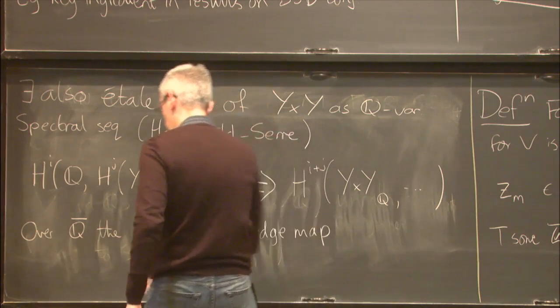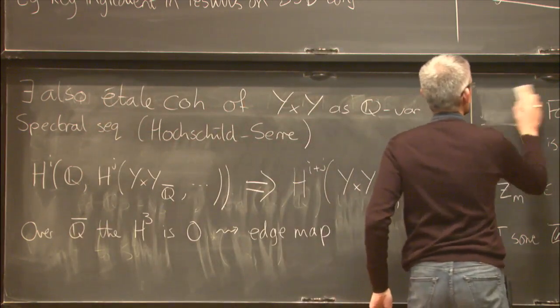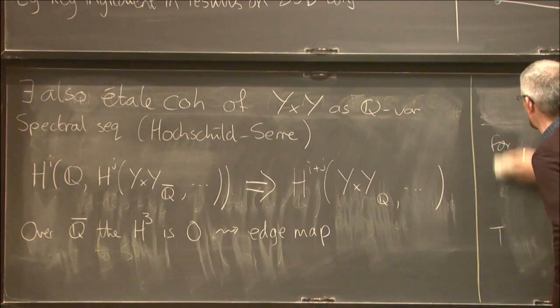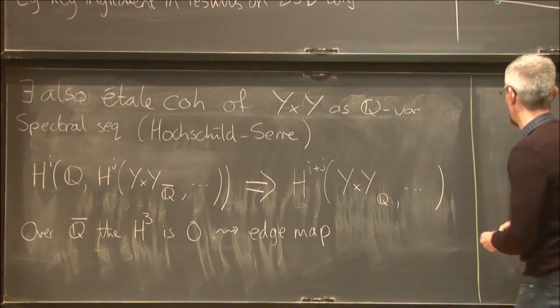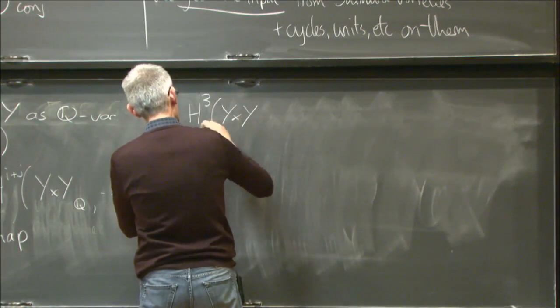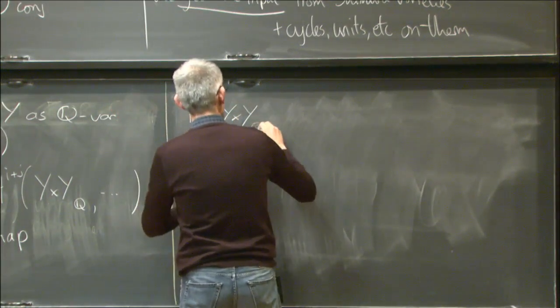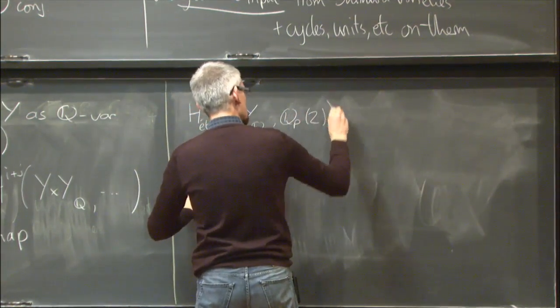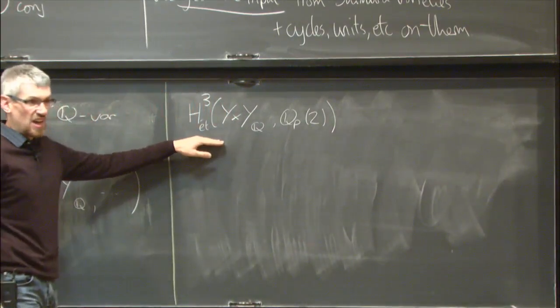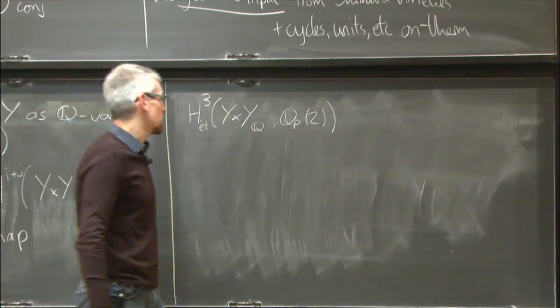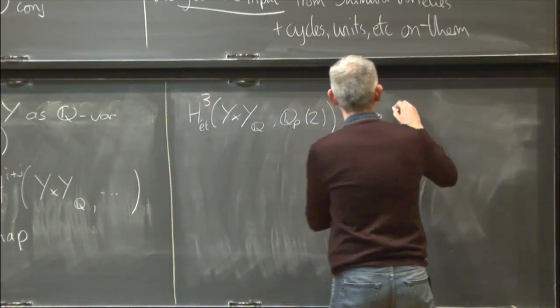Perhaps I should write that on the next board. So normally this would go to H0 of H3, but that's 0. So we move down into the next layer of the filtration, and we get a map to H1 of H2.